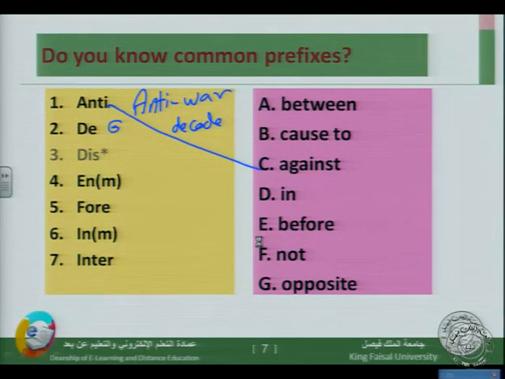Dis, like disagree. Disagree. And here it goes with F. En or em, like the word encode or embrace. It means cause to. Fore means before, like forecast.